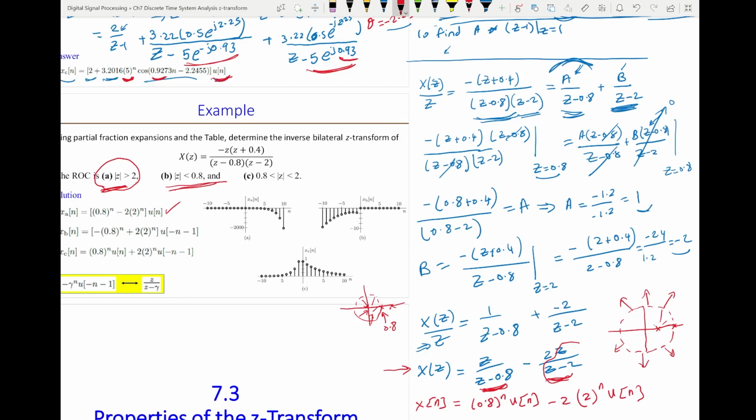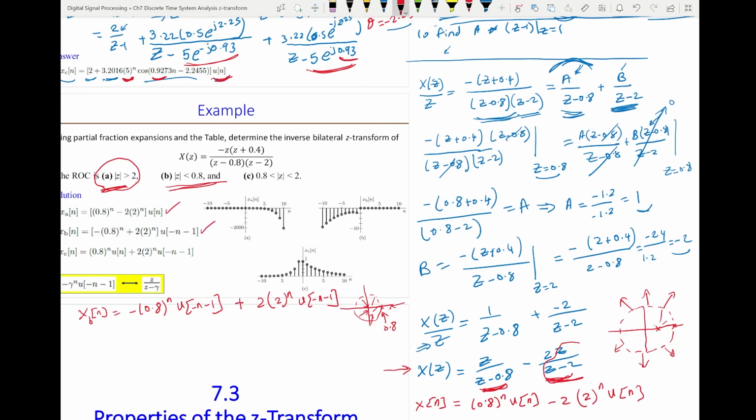So then from the table, x of n will be, let's call this xb of n, minus 0.8 to the n u of minus n minus 1. And same thing for this one, that will be minus 2 to the n u of minus n minus 1. And minus times minus, that will be positive. So let's just delete it and make this positive. And this will be this answer.